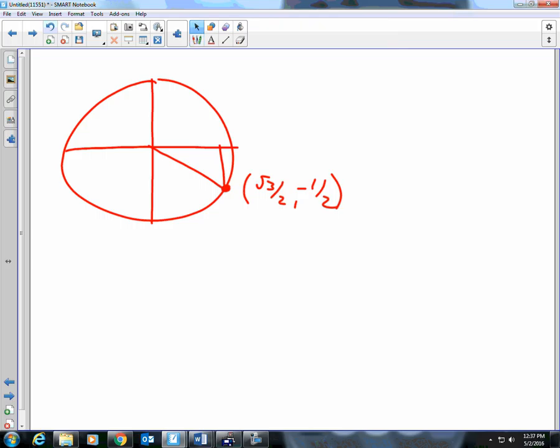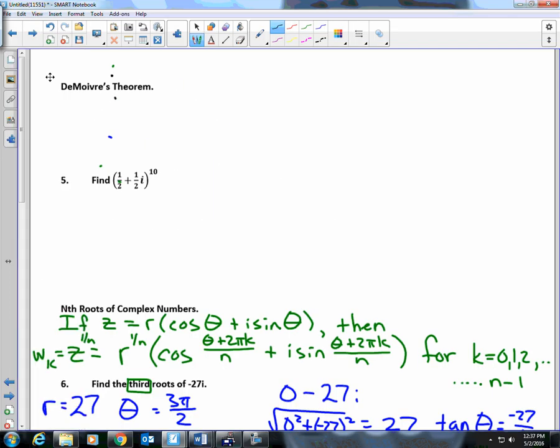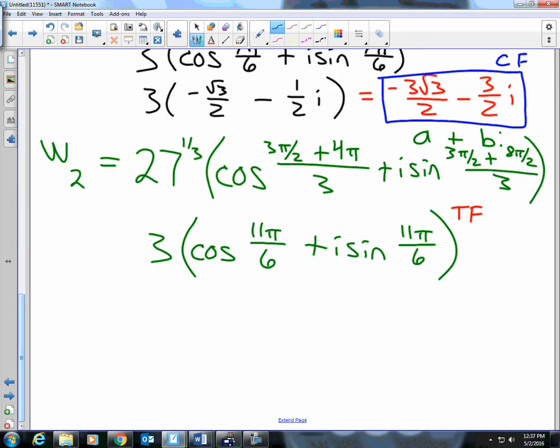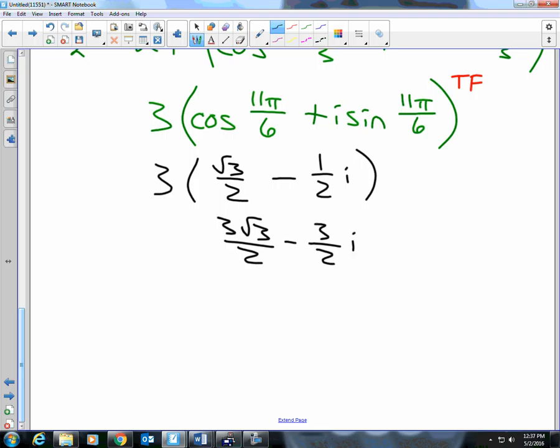So now we can find the complex form. Three times, what's the cosine of 11 pi over 6 after looking at our circle that we made? Root 3 over 2. We can go ahead and distribute our 3. You get 3 root 3 over 2 minus 3 over 2 i. And that is our complex form.